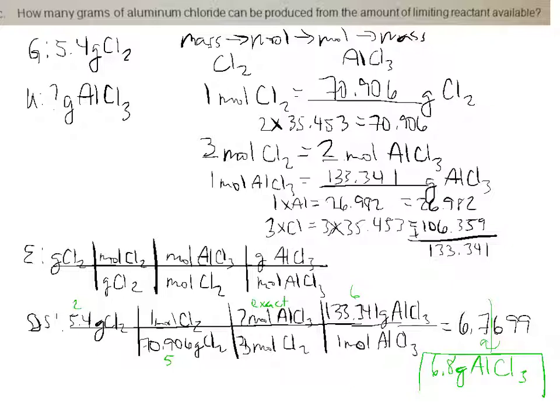If that number is more than what is given to you, then that means that's the limiting reactant. If the number is less than what is given to you in the problem, then that means it is the excess reactant. And then you take whatever your limiting reactant's mass is that you're given in the problem, and you can figure out how much mass of product is made by doing stoichiometry, and that's what we just did on this last segment.